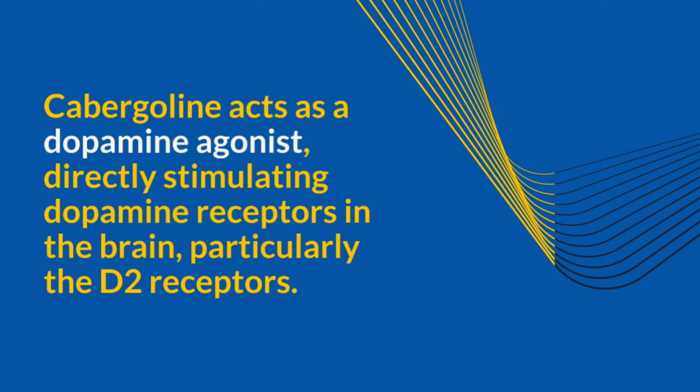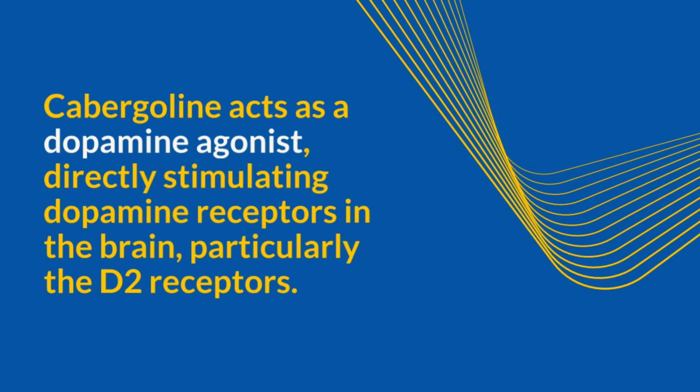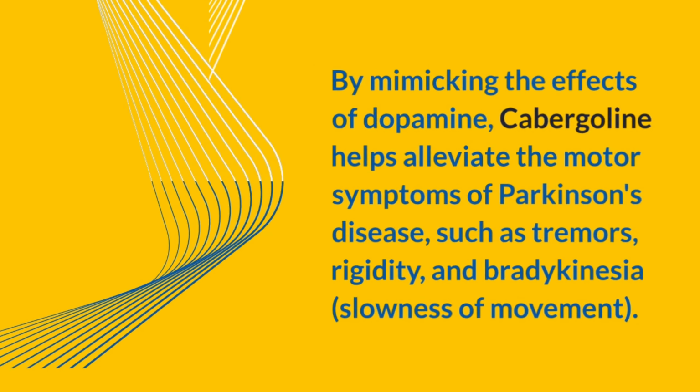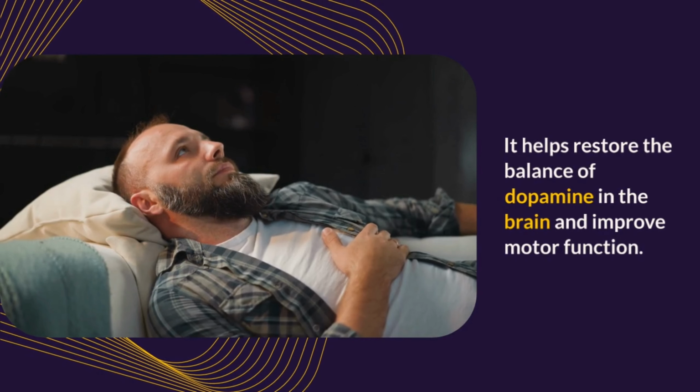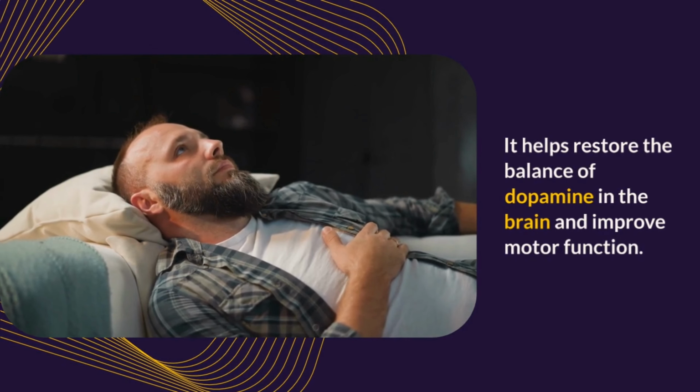Cabergoline acts as a dopamine agonist, directly stimulating dopamine receptors in the brain, particularly the D2 receptors. By mimicking the effects of dopamine, Cabergoline helps alleviate the motor symptoms of Parkinson's disease, such as tremors, rigidity, and bradykinesia, slowness of movement. It helps restore the balance of dopamine in the brain and improve motor function.